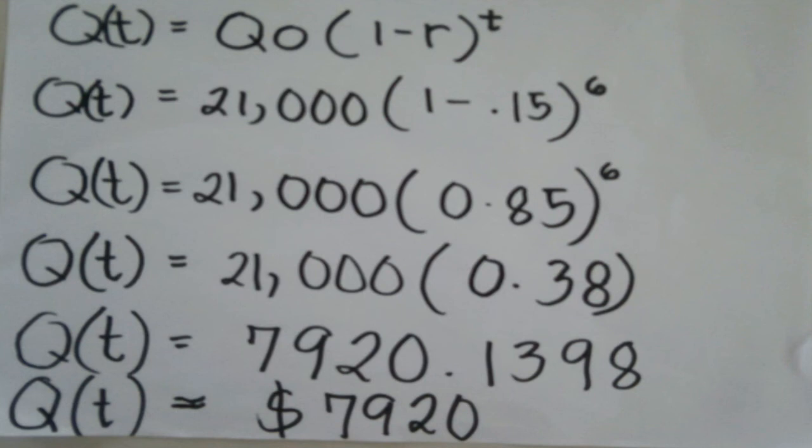So 21,000 times 0.38 is 7,920.1398, approximately 7,920. So the worth of the Honda Accord now is approximately $7,920. That's how you find exponential decay and how to solve exponential functions in the decay area.